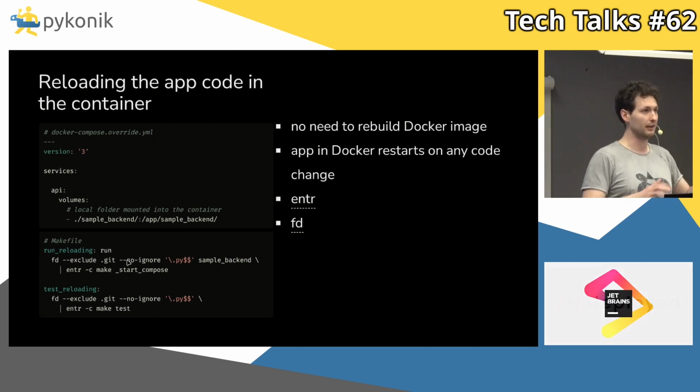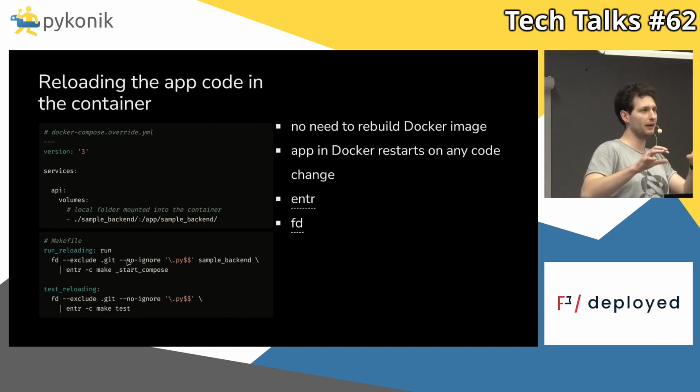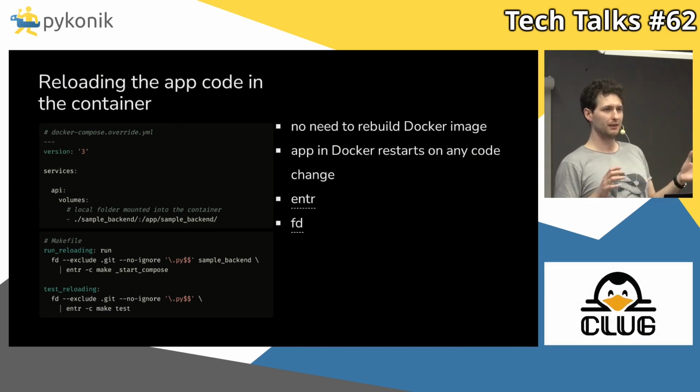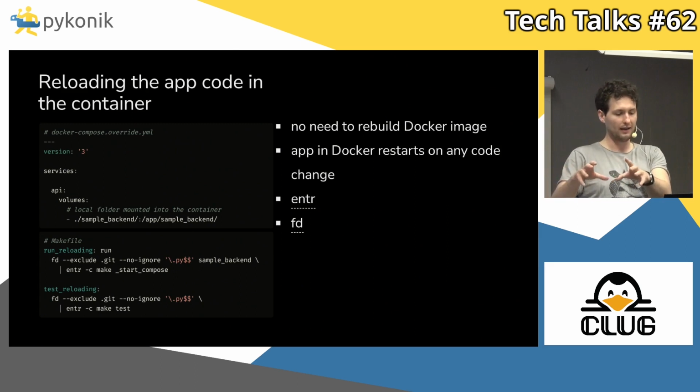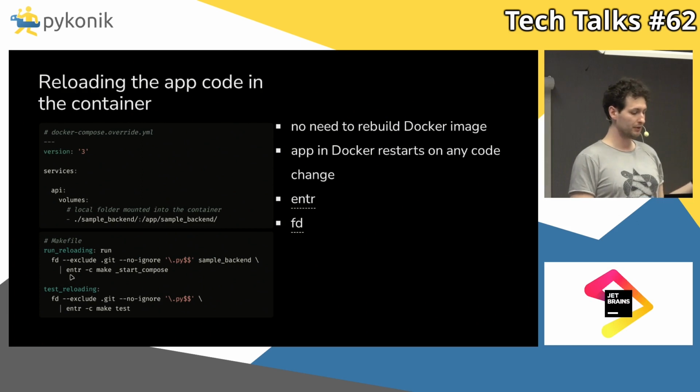Like, that's pretty sweet, that you just save the file and the container changes. You could do that with some framework tools. Pretty much all the backend frameworks have some tool to just watch the code and reload the application when it changes. But there's also a universal tool called entr.